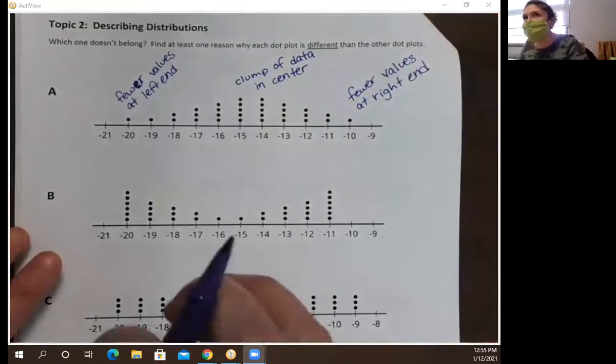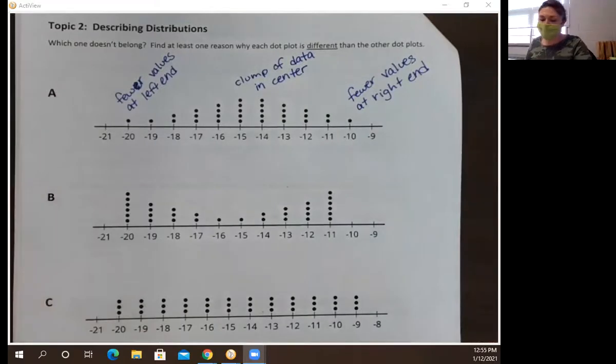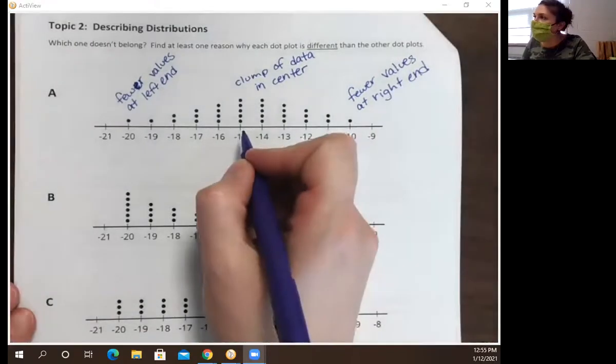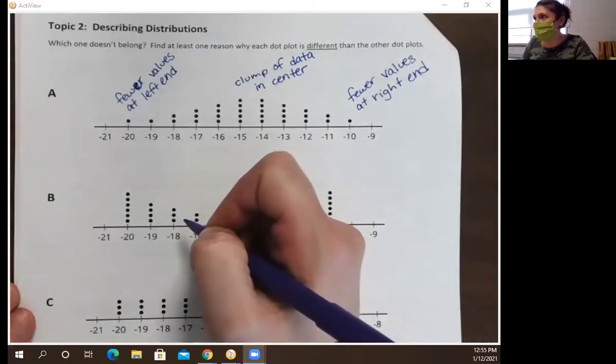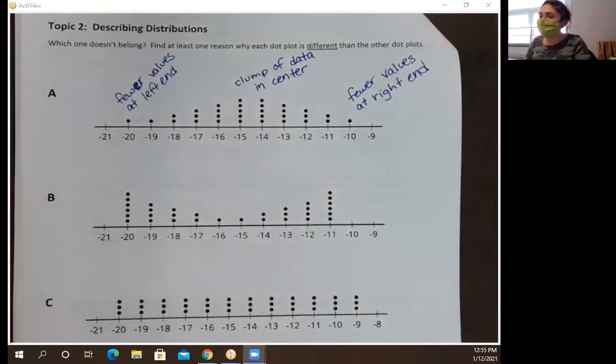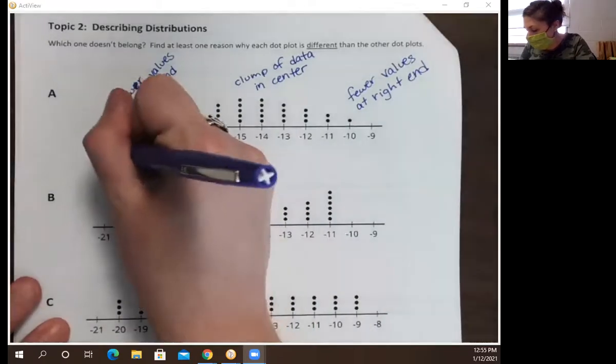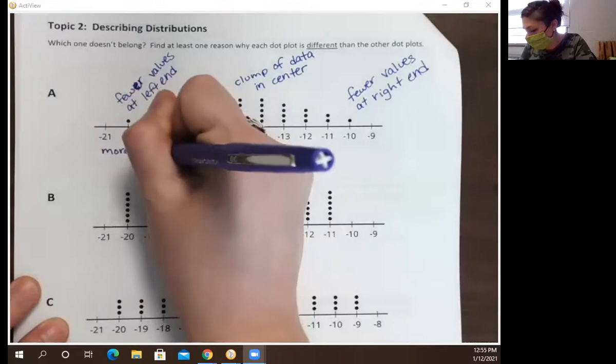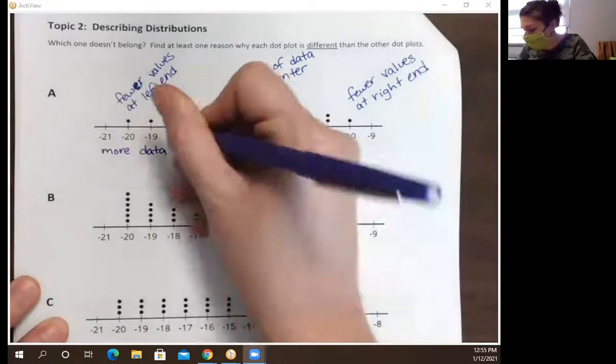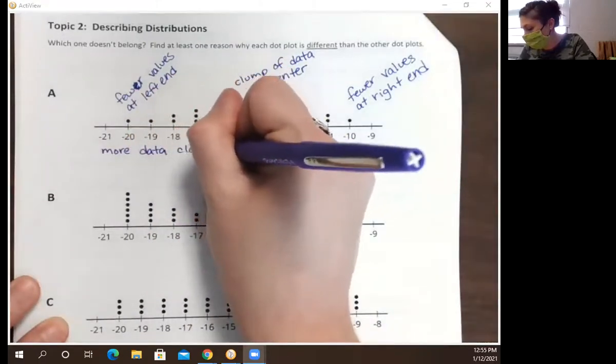A lot of stuff gathered in the middle, not so much at the end. And again, remember the middle, we call the median, okay? The middle of all of those data values, those data points, is the median. So what we see here for A is that we have more data close to the median.